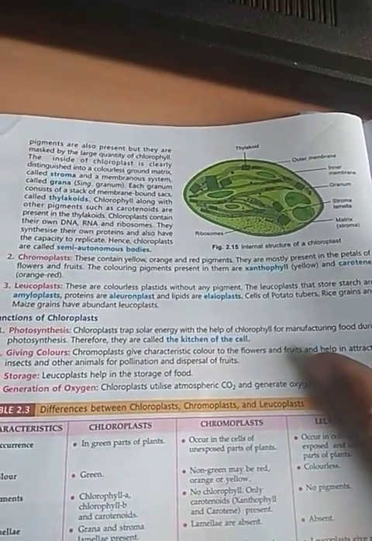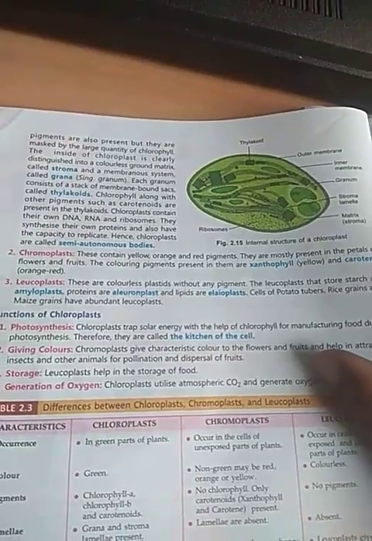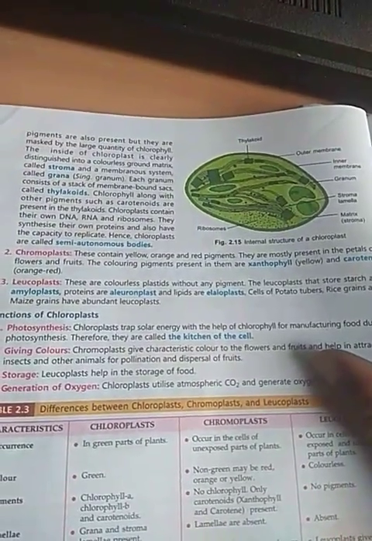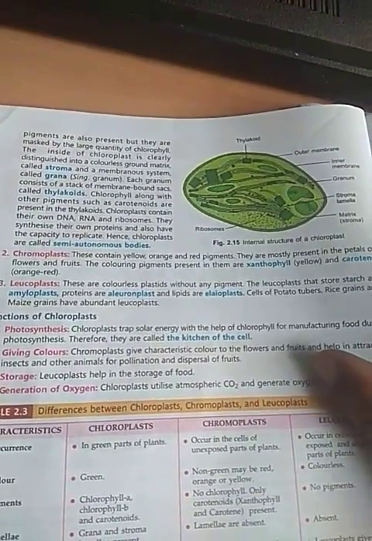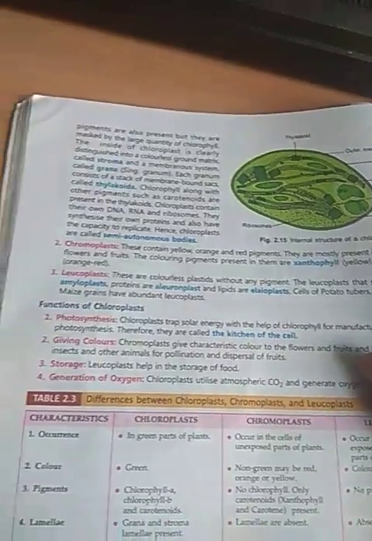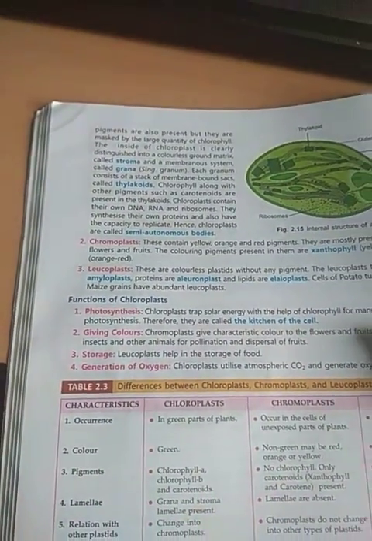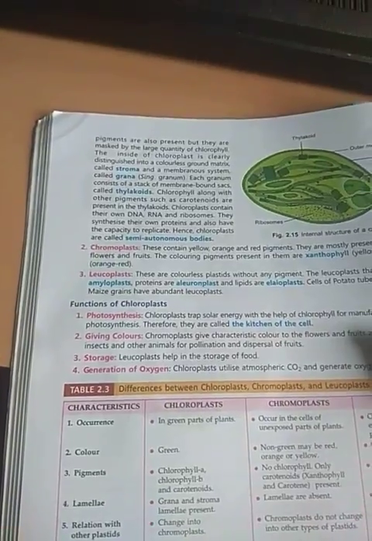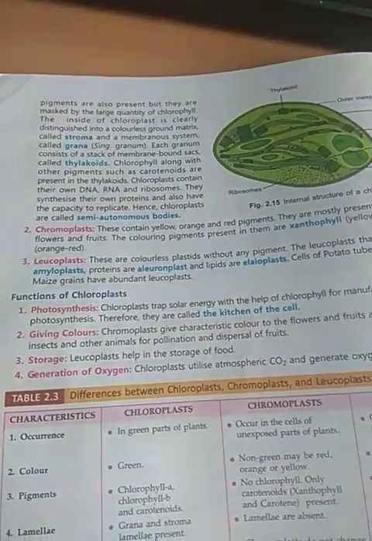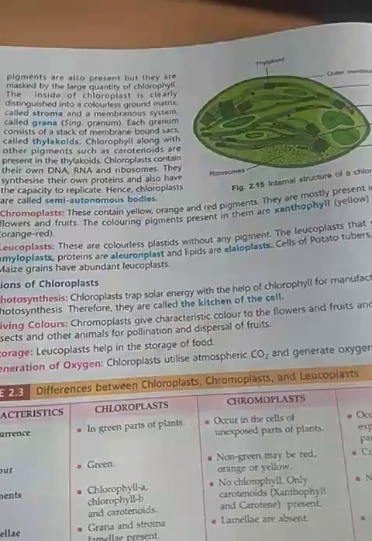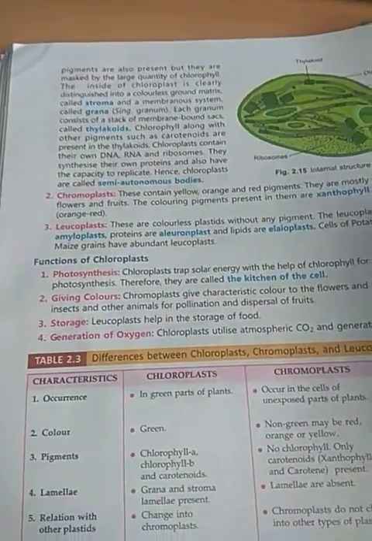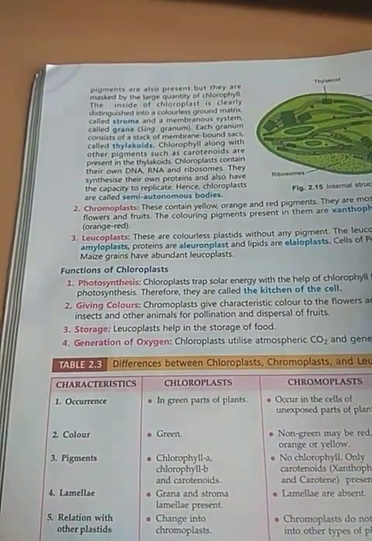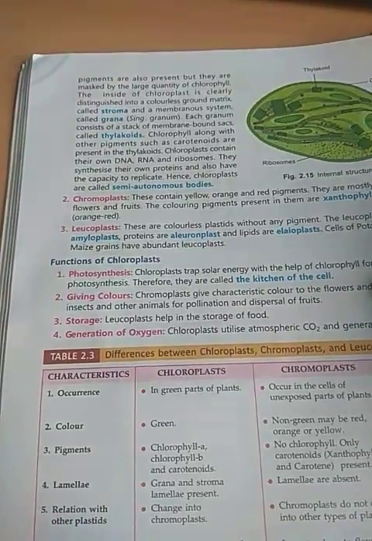The coloring pigments present in them are xanthophyll and carotene. Xanthophyll provides yellow color, and carotene provides orange and red color. In general, chromoplasts provide maximum colors to the flowers and fruits of the plant except green color.